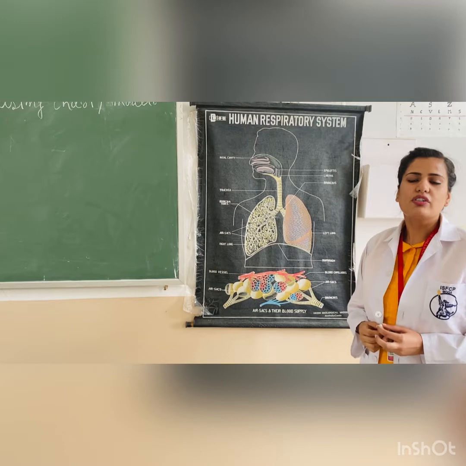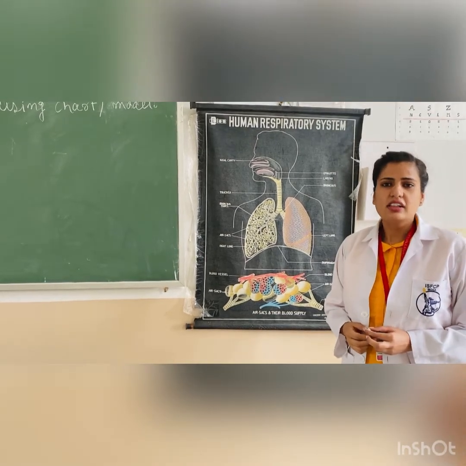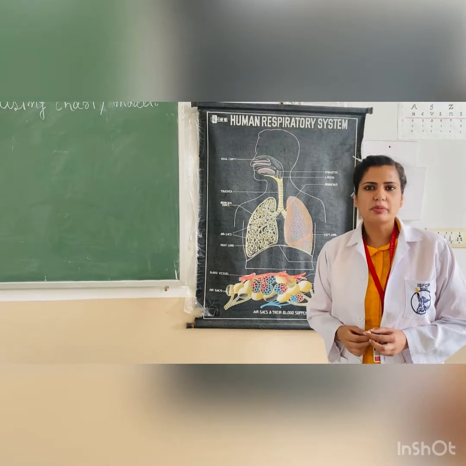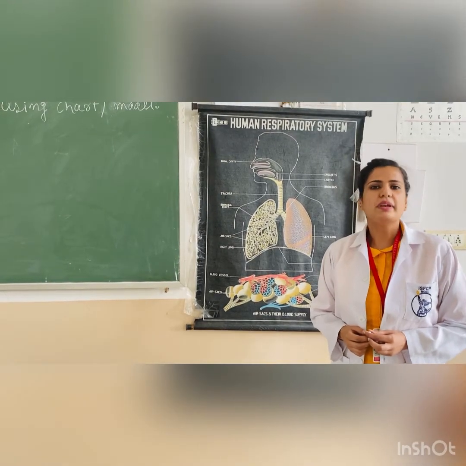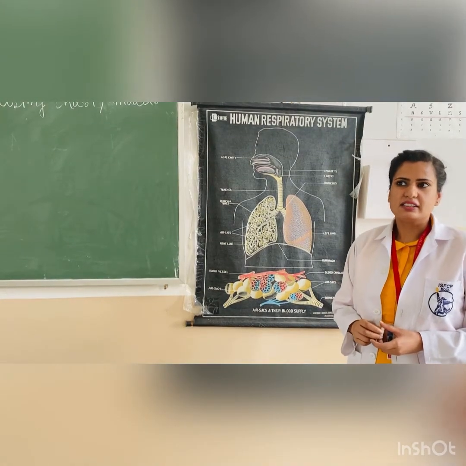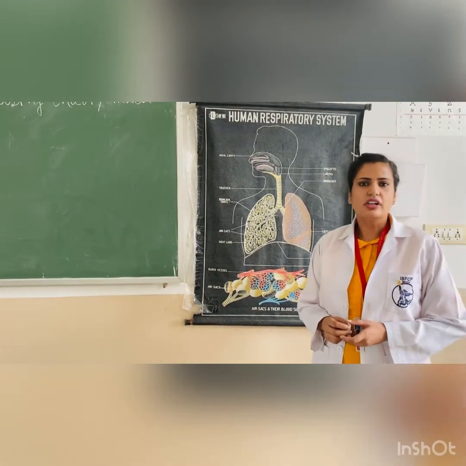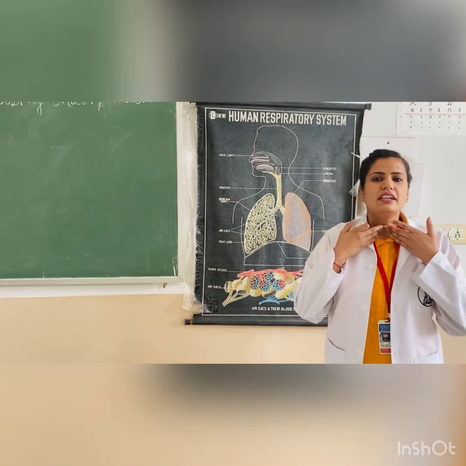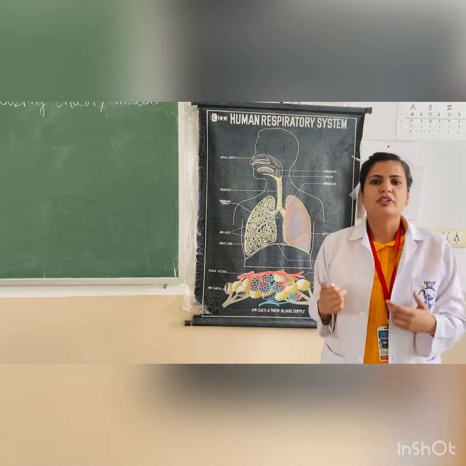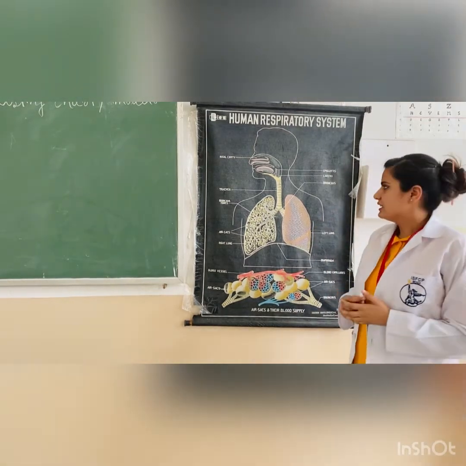It consists of various cartilages: 3 unpaired and 3 paired cartilages, which makes a total of 9 cartilages in the larynx. Examples include the thyroid cartilage, which is present anteriorly, and the arytenoid cartilages, 2 in number, present posteriorly, and so on.